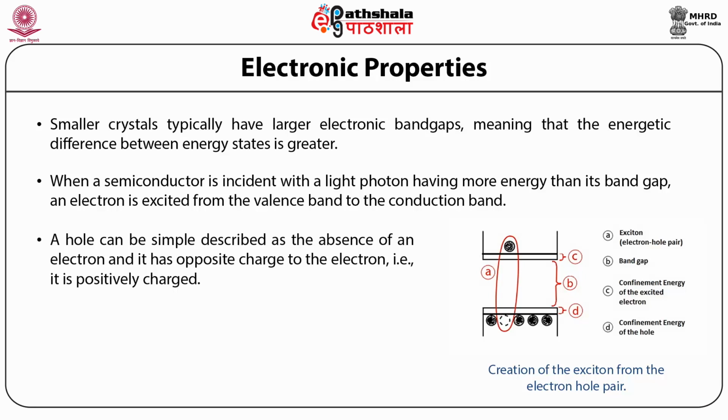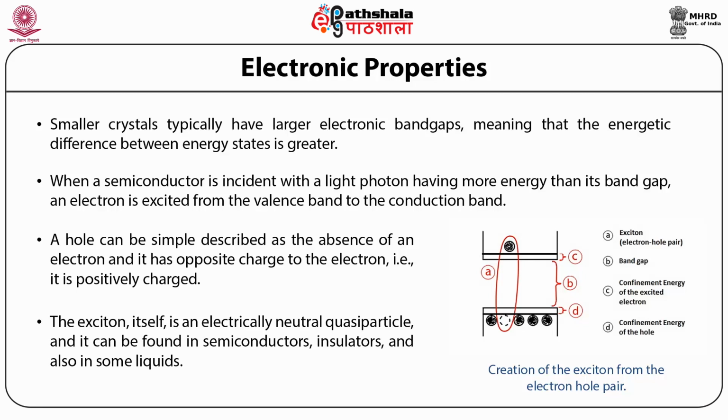A hole can simply be described as the absence of an electron, and it has opposite charge to the electron, that is, it is positively charged. The electron and hole experience Coulomb attraction and form an exciton.